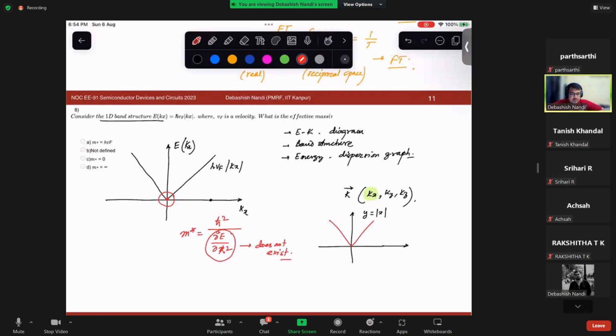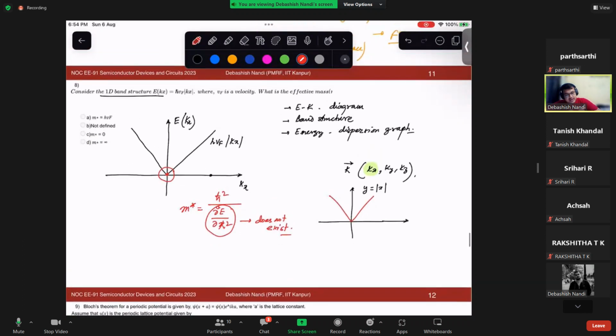How do I say that this quantity does not exist? What will happen if I take the derivative, let's say dE by dKx, and here is Kx, how will the derivative look? Can anyone tell me? This is plus something, plus what? ħ v_F.